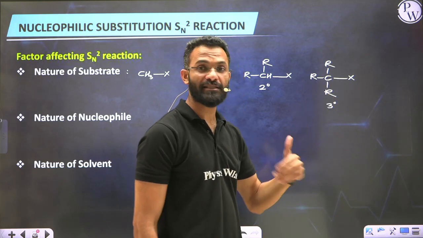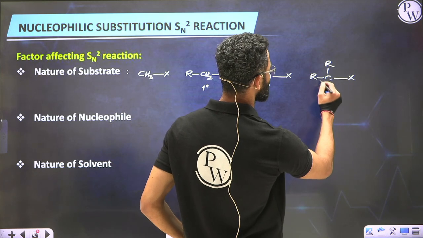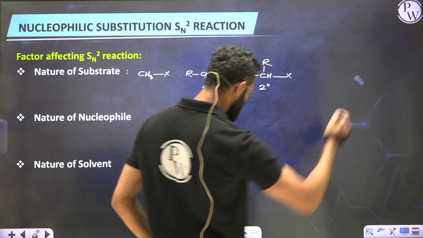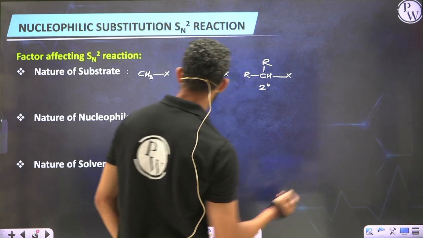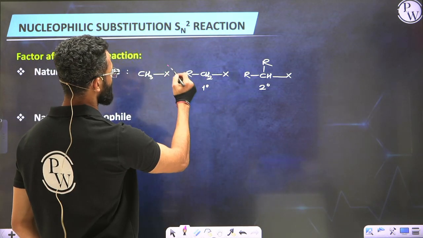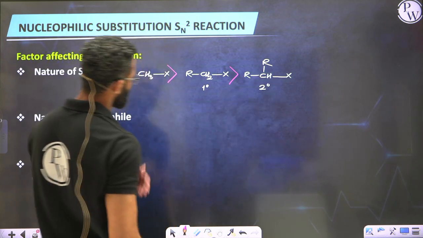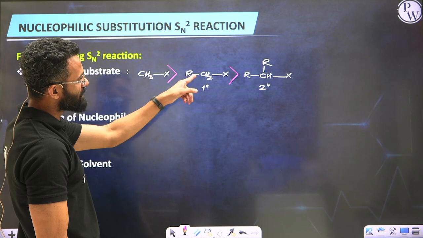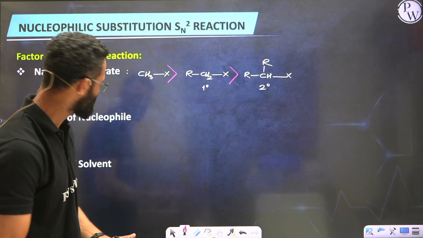So this carbon is so sterically hindered that it can never undergo SN2 reaction mechanism. Hence, tertiary substrates are non-reactive towards SN2. So the order of reactivity is methyl halide most reactive, then primary, and then secondary. As the number of alkyl groups at the carbon carrying the leaving group increases, the rate of SN2 decreases.